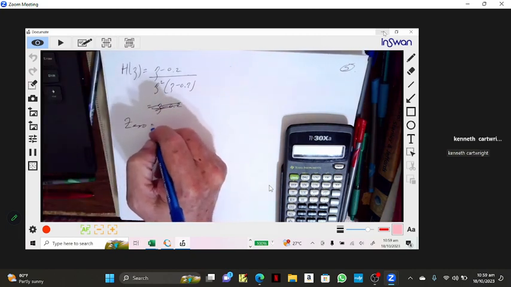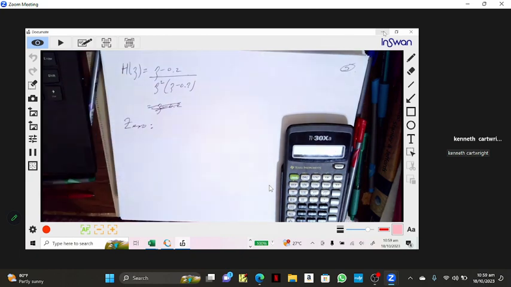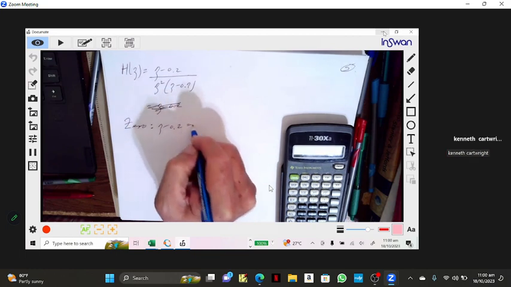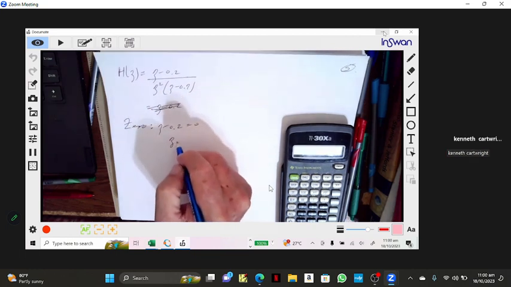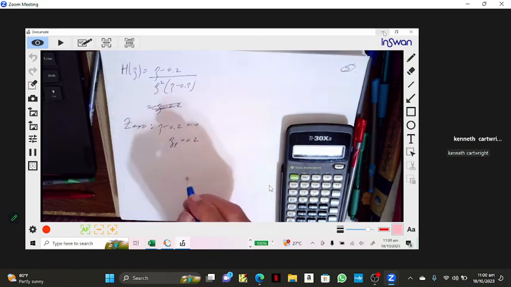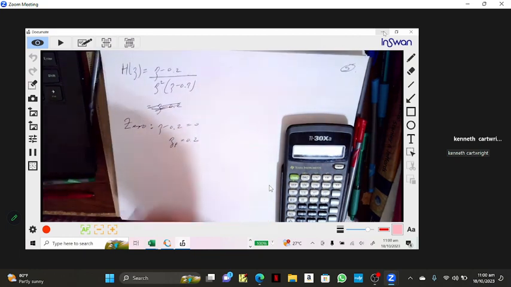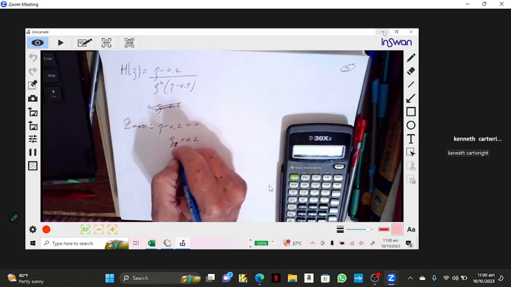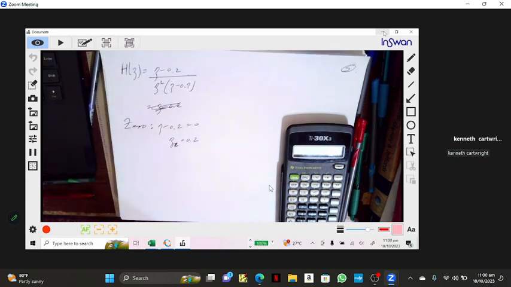What is the value? Z minus 0.2 equals 0. Therefore, Z0 is 0.2.